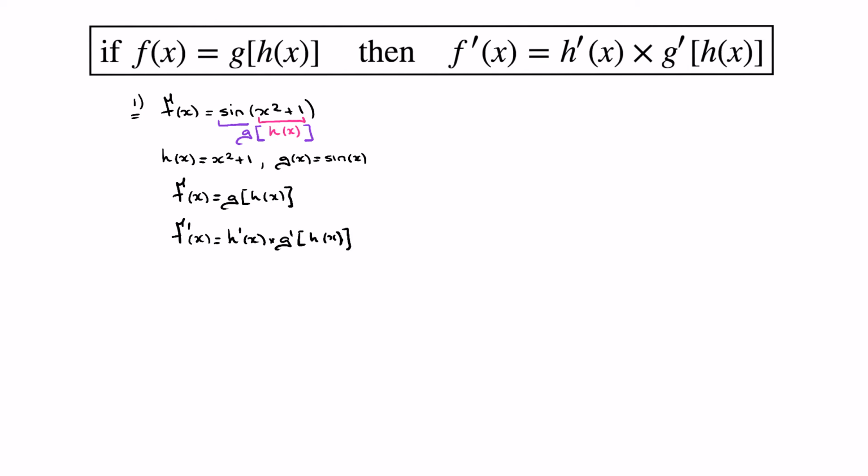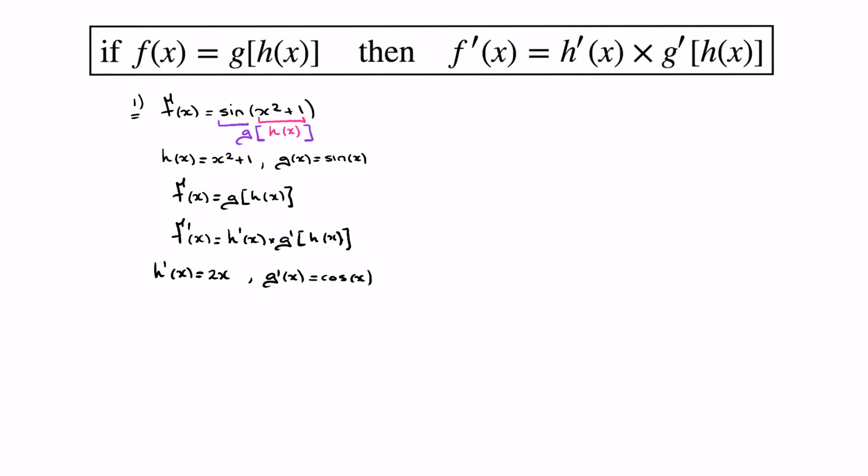And looking back at our functions h of x and g of x, we can easily differentiate these. Indeed, we can see that h dash of x equals 2x, and g dash of x equals cosine of x.